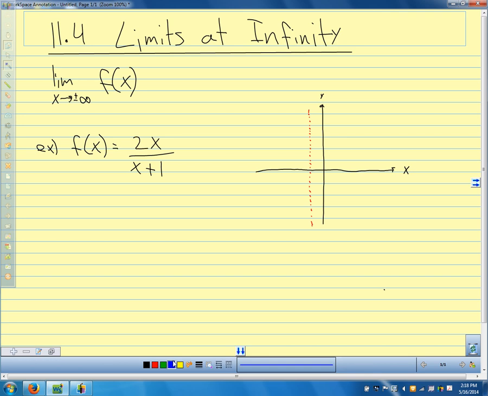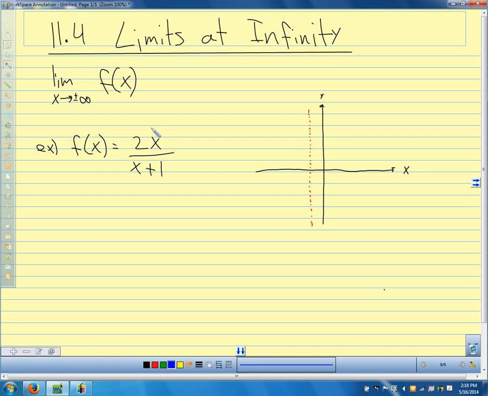What about a horizontal asymptote? Do we remember how to figure that out? Let me give you a hint: the degree of the numerator and the degree of the denominator are the same.